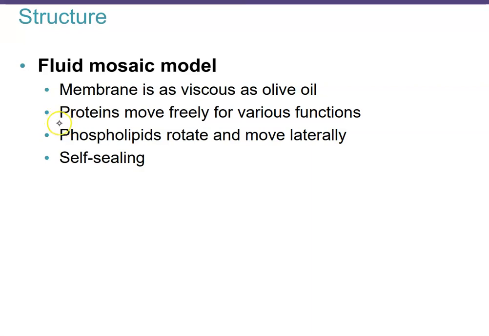The proteins can move freely, so the whole thing is pretty dynamic. In fact, the proteins travel a lot in the phospholipid bilayer, like lipid rafts, just skating around the surface of the phospholipid bilayer. Also, the phospholipids themselves can rotate and move laterally.